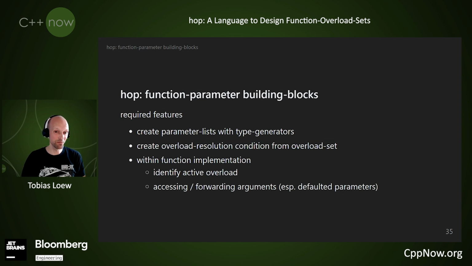And we want to be able to access the arguments that the function was called with, but there we also want to be able to get the arguments in the type that the overload was specified with. We'll come to this later. And we also want to be able to specify default parameters, and therefore we also have to have special handling because we have to create them from scratch.